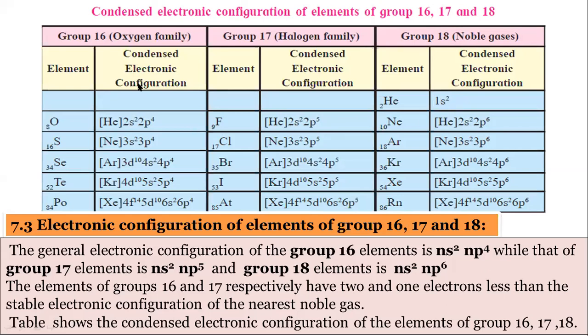So the general electronic configuration of the oxygen family is ns2 np4, halogens is ns2 np5, and the noble gases is ns2 np6 except helium. Helium is 1s2. So this is the general electronic configuration. For 1 mark, it may be asked for examination. Write the electronic configuration of iodine, bromine, or chlorine.